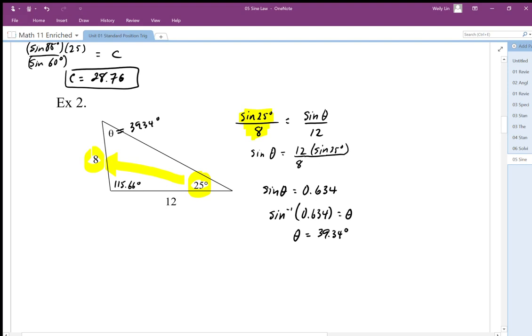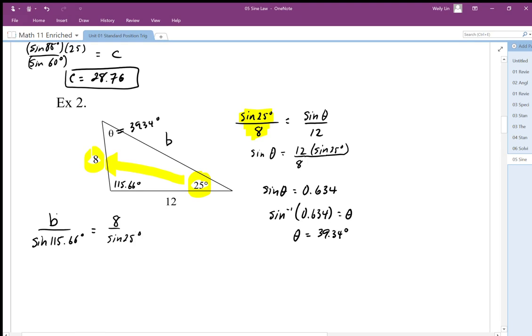And again, I have an angle opposite side pairing, so I'm going to use this pairing. I'm going to call that side B. We're going to say side B over sine of 115.66 degrees is equal to, and we'll use the known side, 8 over sine 25.